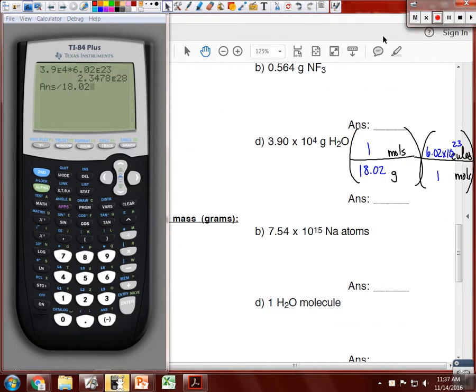All right, so before I show you the answer, is this what everyone has, the correct setup? You divide by 18.02 grams because that's the mass of 1 mole of water. And then in 1 mole, there's Avogadro's number worth of molecules. Now, why is it molecules and not atoms? Because water's a molecule, not an atom.